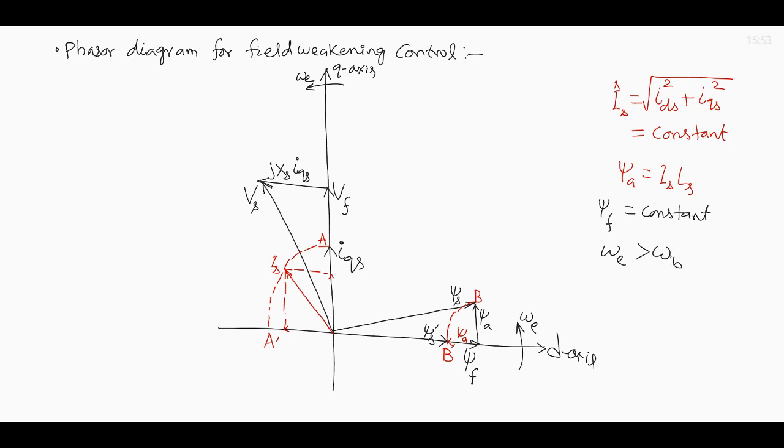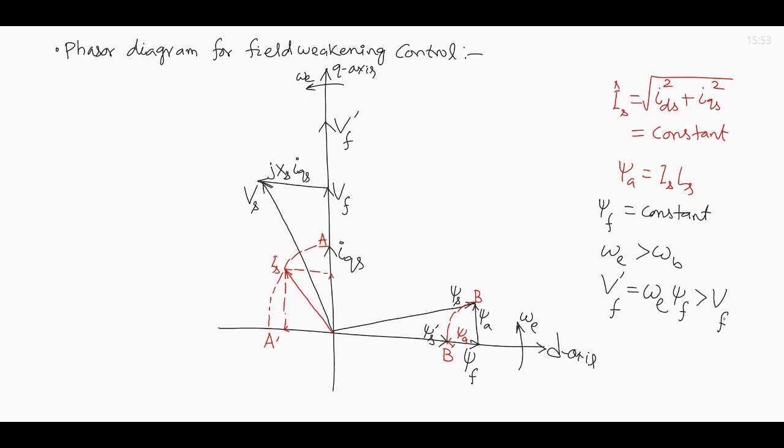So, for high speed operation, the voltage V f dash is omega e into psi f. V f dash is always omega into psi f, because omega is greater, psi f is constant and omega is more than omega b. At omega b voltage is V f. So, V f dash is greater than V f, as I have shown here, because psi f is constant and omega e is more than base speed, and corresponding to base speed omega b, field voltage is V f.